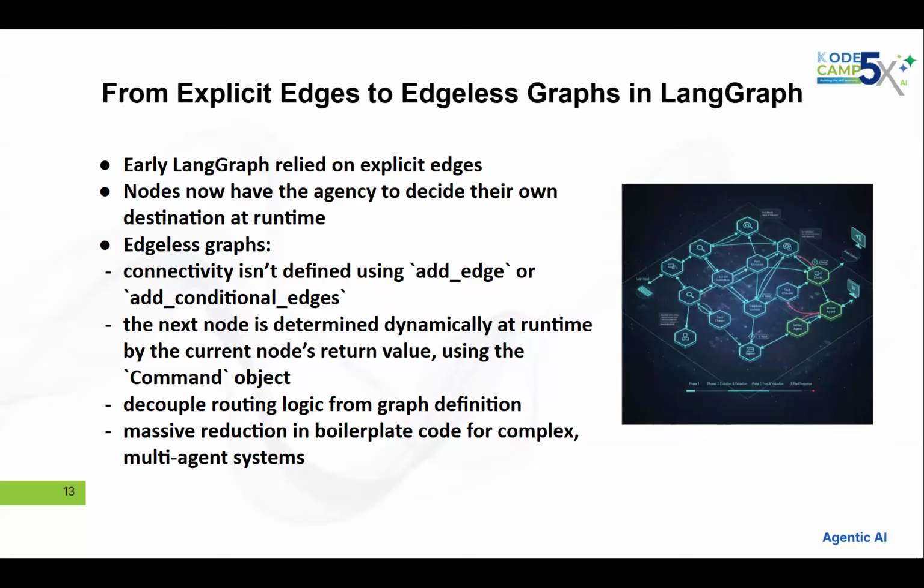Let me say it this way: if for any reason you add a new edge or remove an edge, you need to modify your routing function, as it is aware of these edges. But with edgeless graphs, the routing logic is decoupled from the graph definition itself.